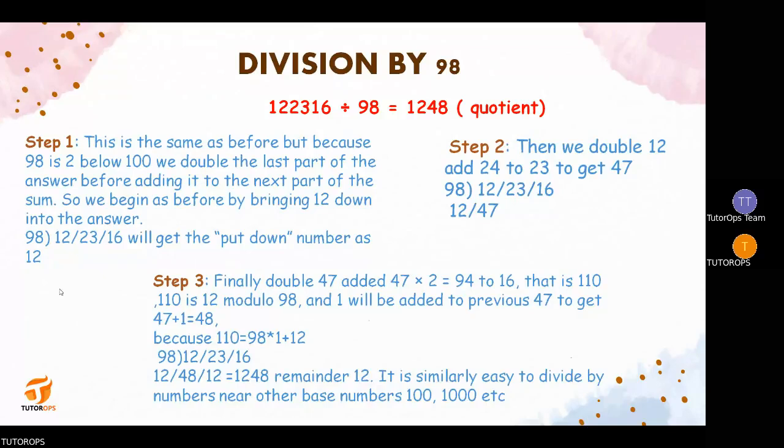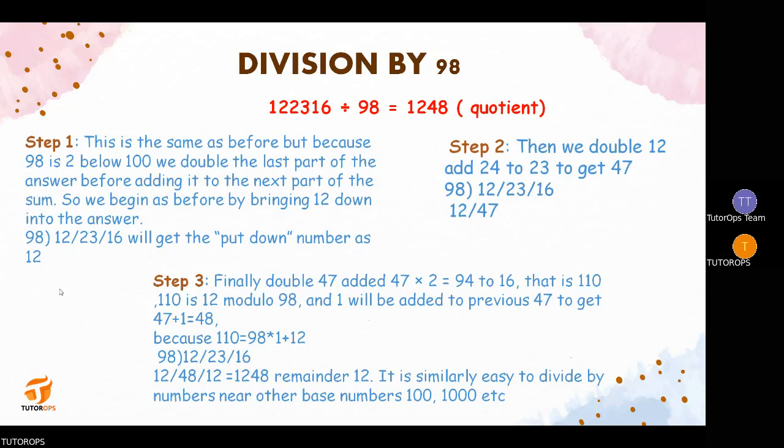Here 110, we know 110 is greater than 98. So what can be done? The remainder can't be 110 while dividing by 98, because the remainder should be from 0 to 97. So what can be done in this scenario? In this scenario, 110 can be written as 12 modulo 98.